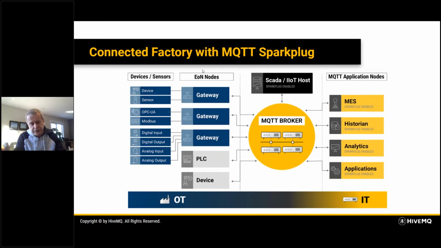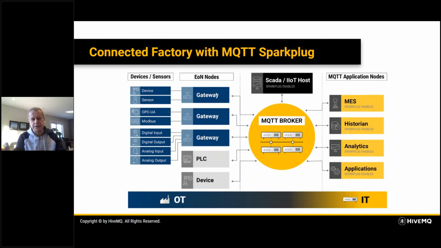Then what MQTT and SparkPlug define is what we call edge of network nodes. These would be software, hardware, or new PLCs that sit in front of the devices and sensors, ingest the data from the existing equipment, and convert that data into MQTT SparkPlug messages.